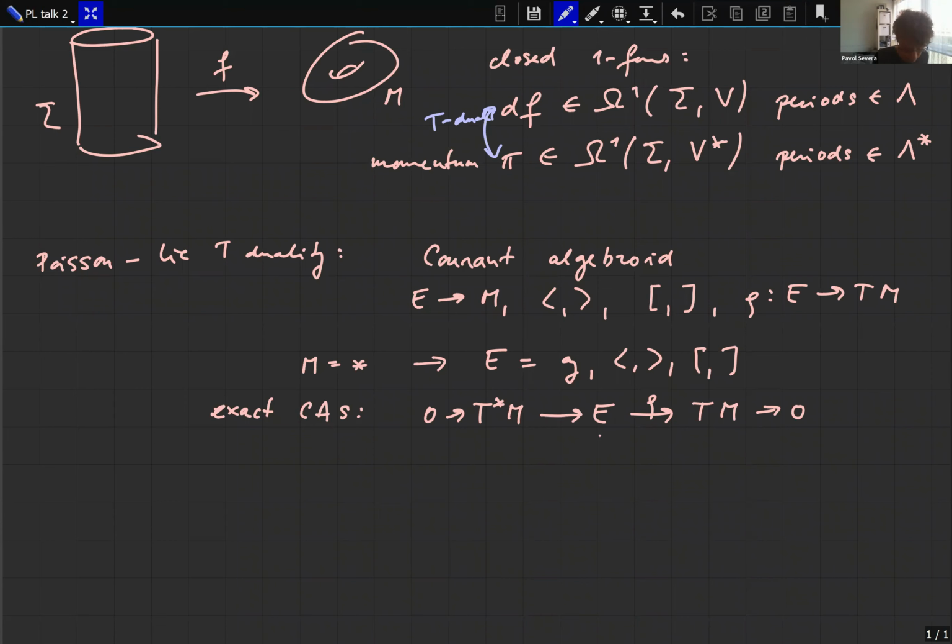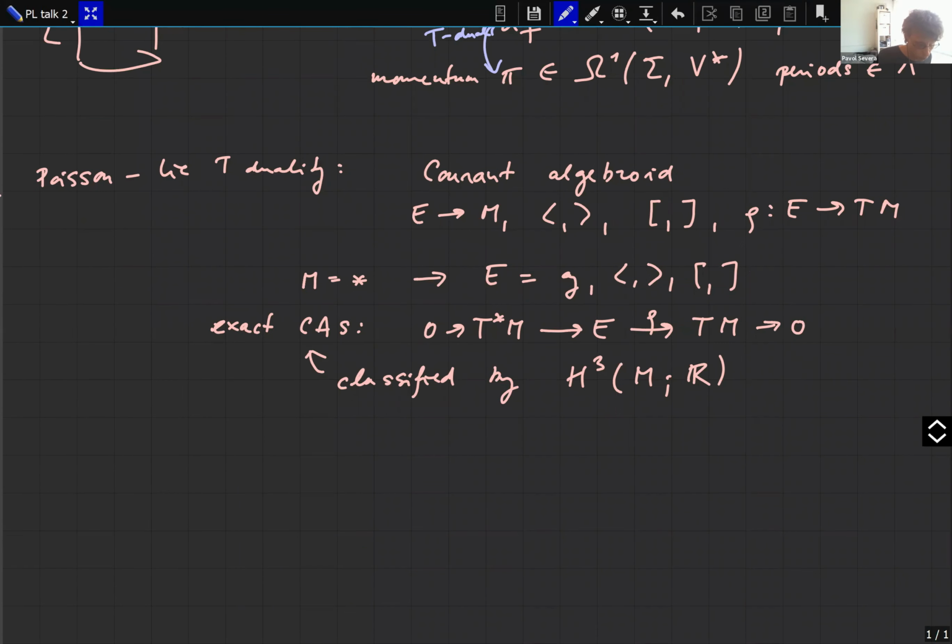So basically, an exact Courant algebroid is just TM plus T star of M. And these things are classified by the third de Rham cohomology of M with values in R. Okay, so nobody's shouting at me, so it probably means that you sort of know or don't want to know about Courant algebroids. But we don't need to know much, just basically that they exist.